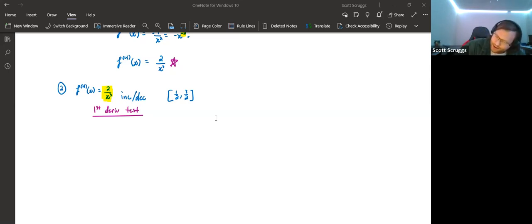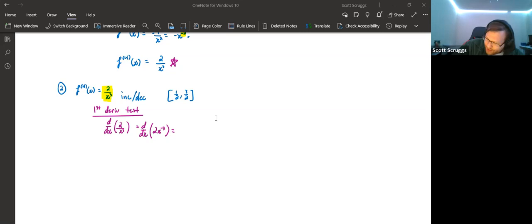So let's do the work down here. We're taking the derivative of 2 over x cubed. To avoid using the quotient rule, I'm going to use x to the negative cubed power. Now it is a power rule problem.